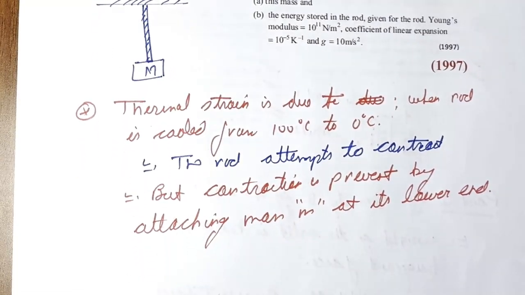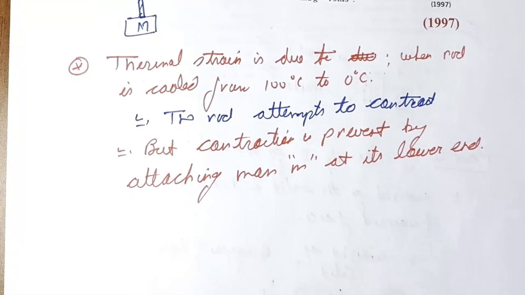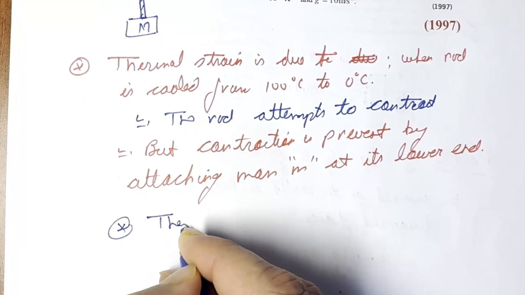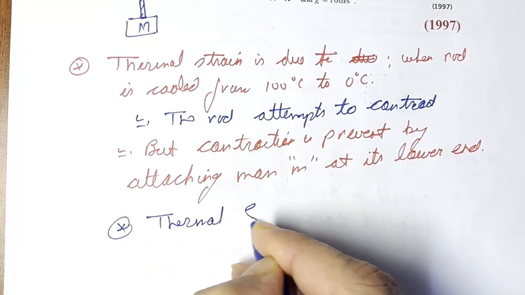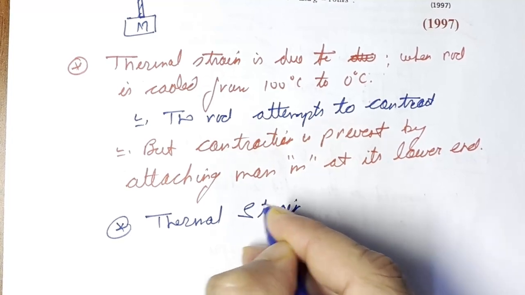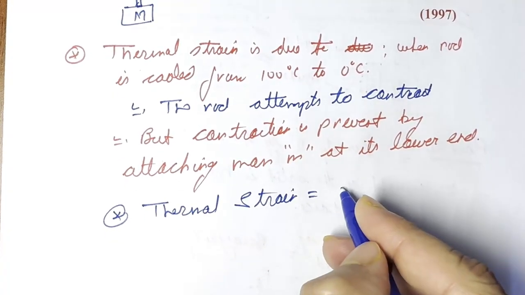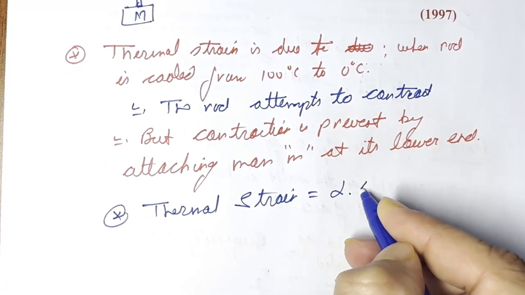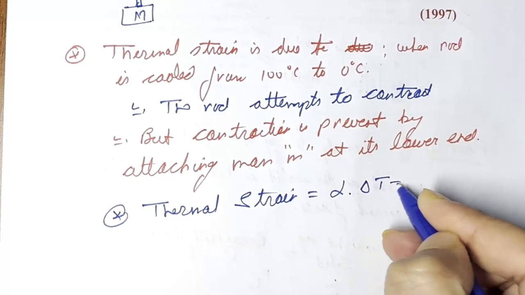Let us first find the thermal strain. Thermal strain is given as alpha multiplied by the change in temperature.